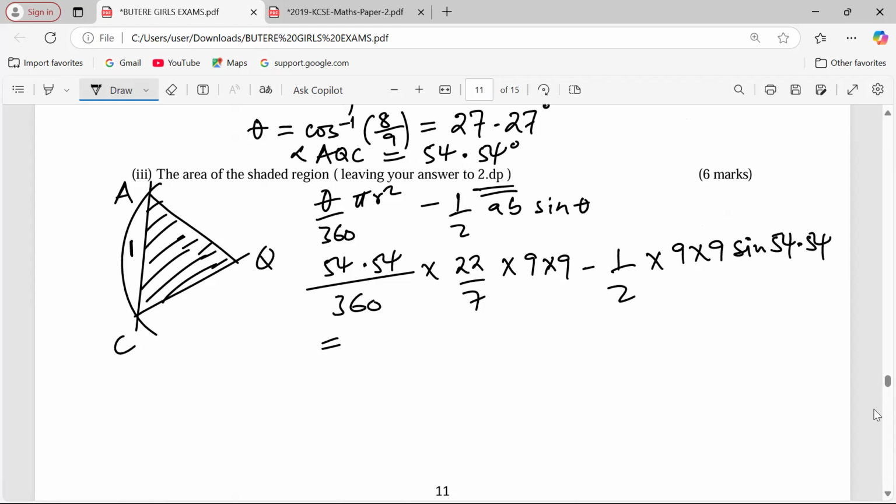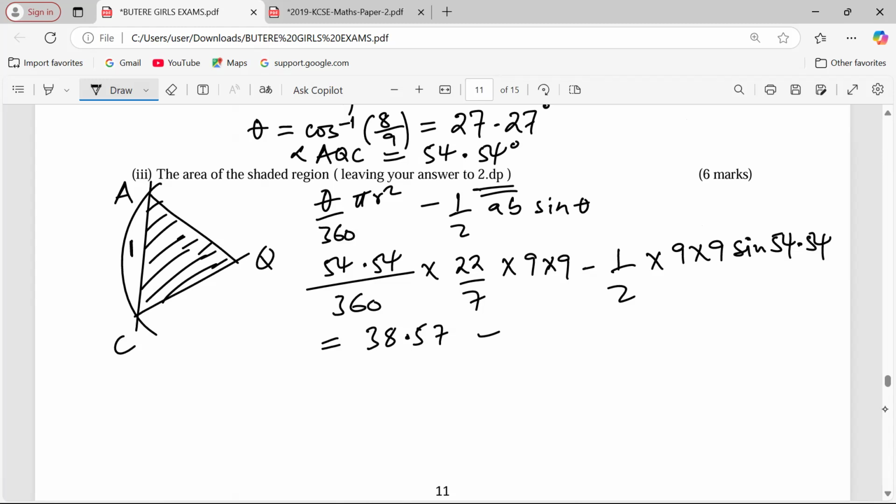So this is going to be 54.54 multiplied by 2 multiplied by 9 and 9. Then we divide all this by 360 by 7. This will give us 38.57 minus half multiplied by 9 multiplied by 9, then the sine of 54.54.